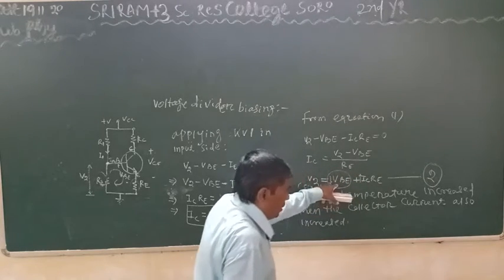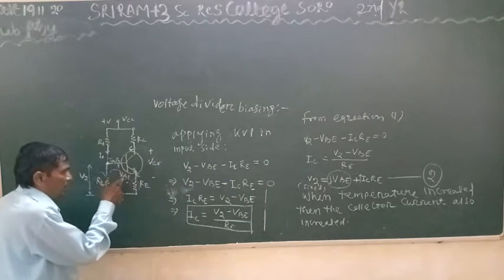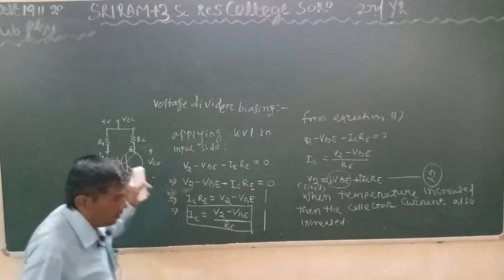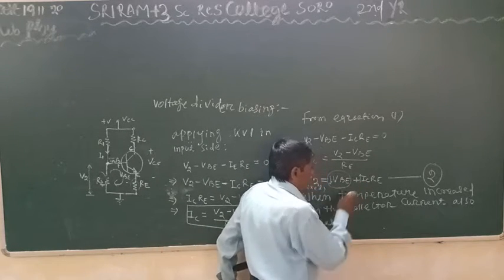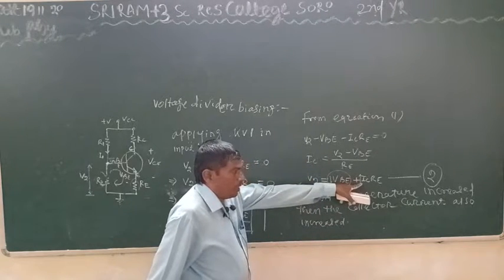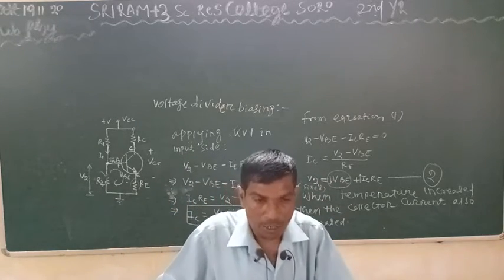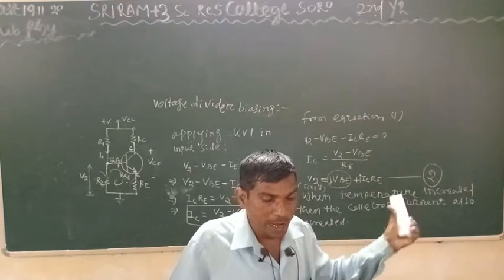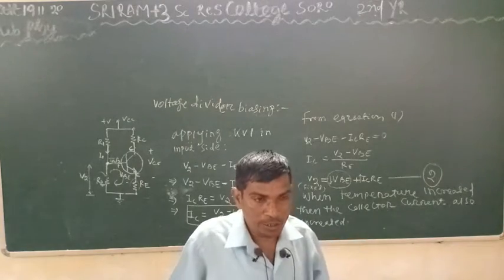When VBE decreased, the base-emitter voltage decreased, then the base current also decreased. When base current decreased, then IC will decrease. Now it is seen that the collector current does not depend upon temperature, because when temperature increased, IC also increased. When IC increased, from equation 2, VBE decreased.